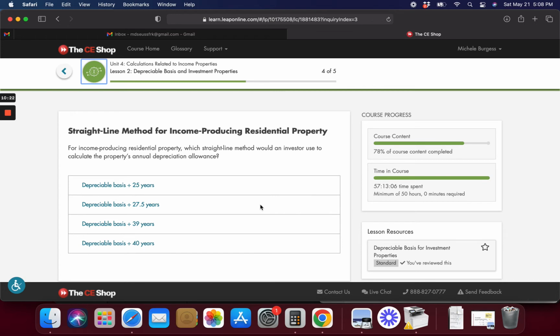For income producing residential, which straight line would an investor use to calculate the annual depreciation allowance?